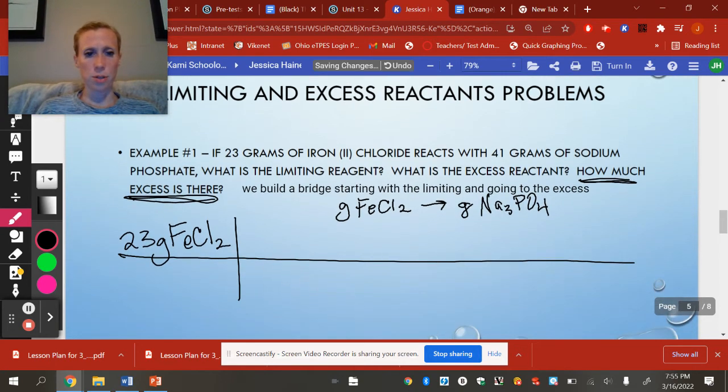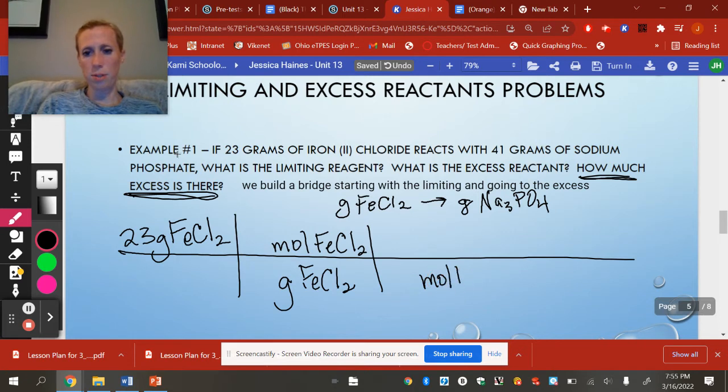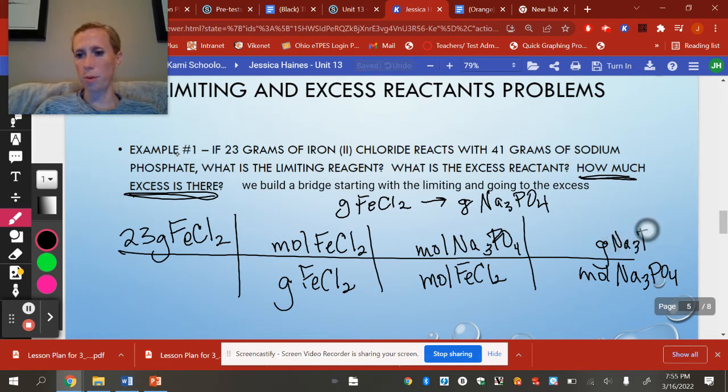Okay, so let's get rid of grams of FeCl2, go to moles, and then once I'm at moles of FeCl2, I can go from that to moles of anything else, which in this particular case, I'm going to my excess reactant, Na3PO4, and then I don't want to stop there. I want to go from moles of Na3PO4 to grams of Na3PO4.